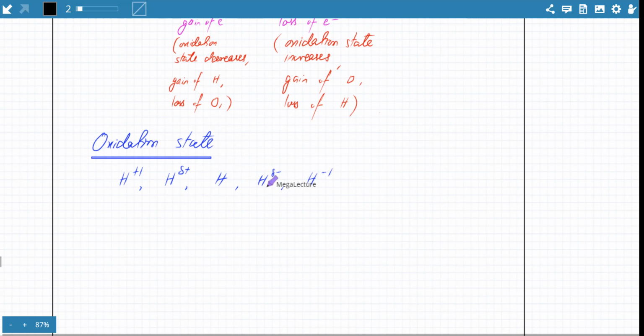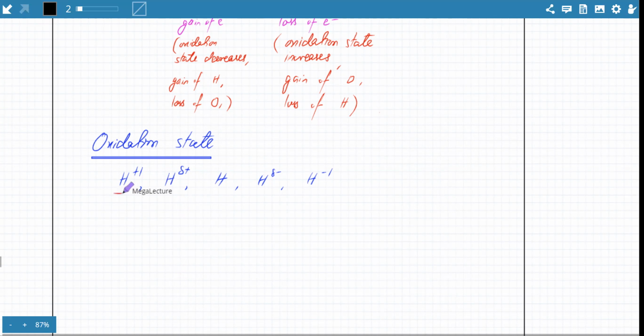Now, these are charges. When you describe charges, you have to describe whether it's a slight charge or a full charge, partial positive or completely +1. Now, when it comes to oxidation state, you're not interested in whether it's losing electrons partially or gaining electrons partially. What you're interested in is whether it's losing electrons or not.